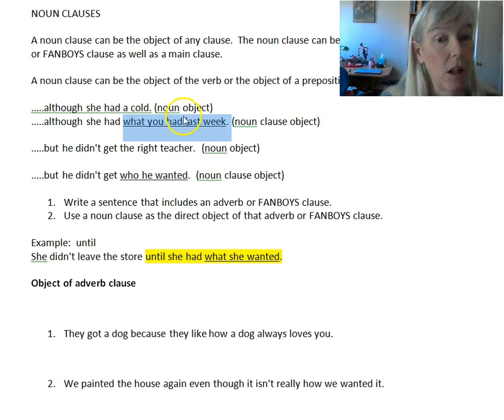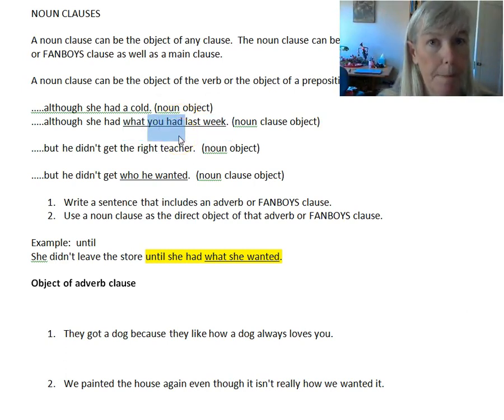Now, it's a clause because it has a subject and verb in it. It's a noun because it's the subject or object. So it's a noun clause. Although she had a cold, although she had what you had last week. You can use a noun or a noun clause in all of the same places.